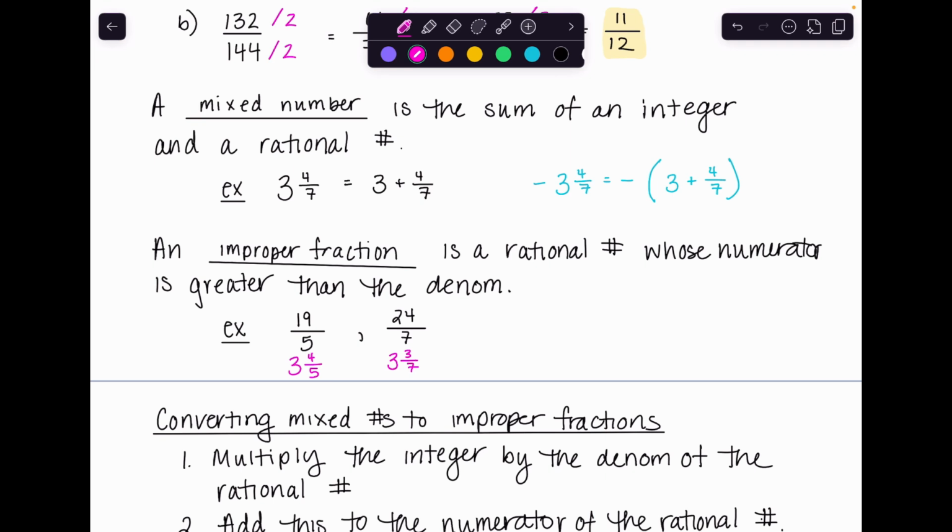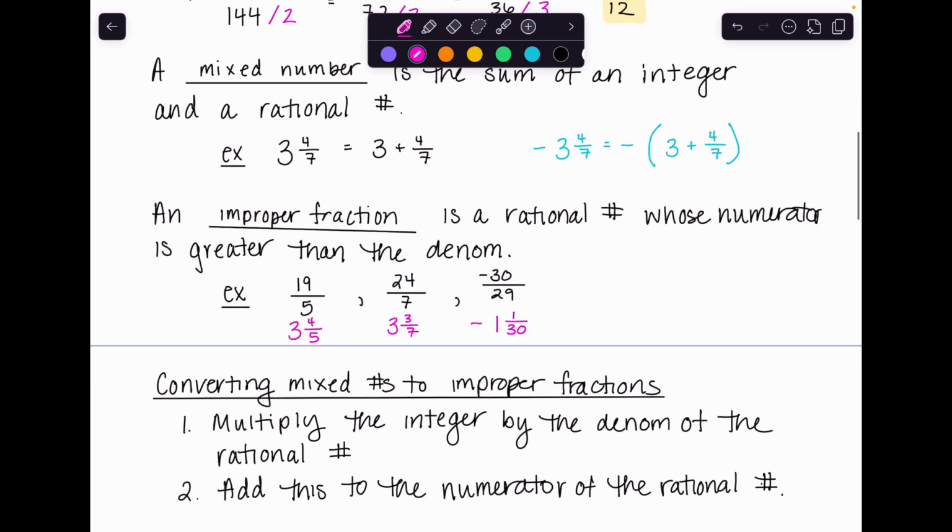So that would be this mixed number. And then finally, if you take -30 and divide it by 29, well, overall, this number should be negative. 29 goes into 30 once, and there is a single number left over. So 1 out of 29 is left. Okay. So you can always take an improper fraction and make it a mixed number.